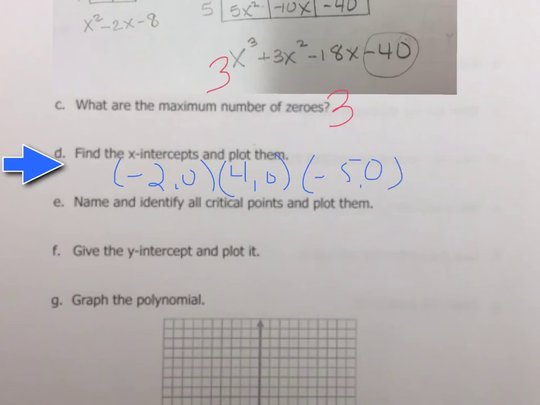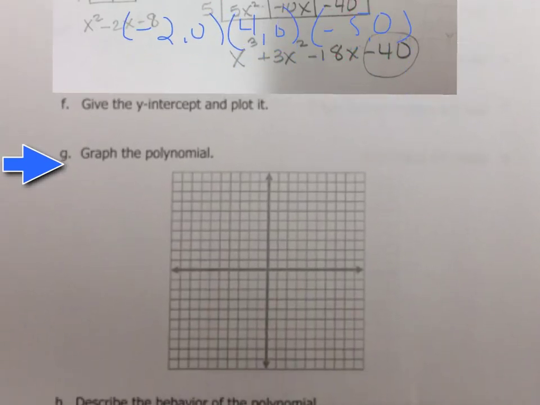And then, of course, I'd want to plot these down on my graph at negative 2, 0. My other x-intercept was negative 5, 0, which would be right about here. And here's my positive 4, 0. My y-intercept is 0, negative 40.